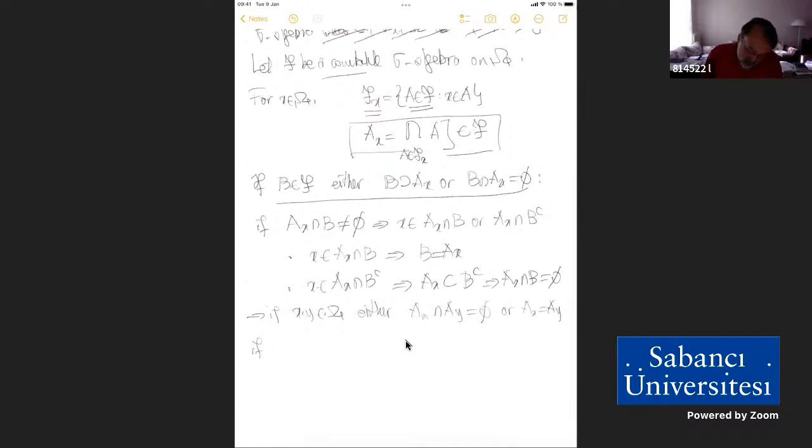If Ax intersection Ay is non-empty, then we come to the first situation. So this implies that Ax will be a subset of Ay, and Ay will be a subset of Ax, hence Ay is equal to Ax, from above.